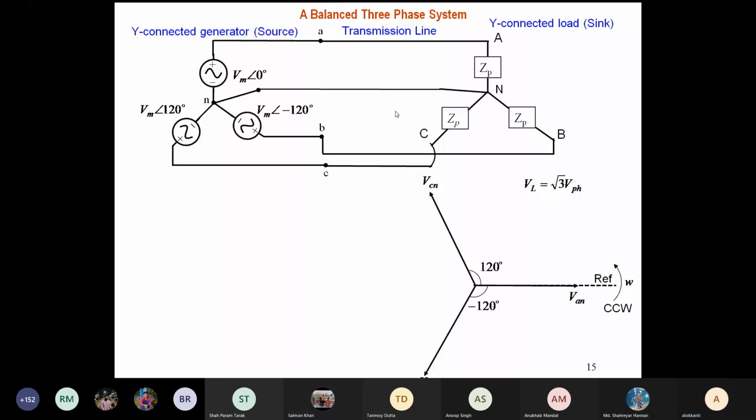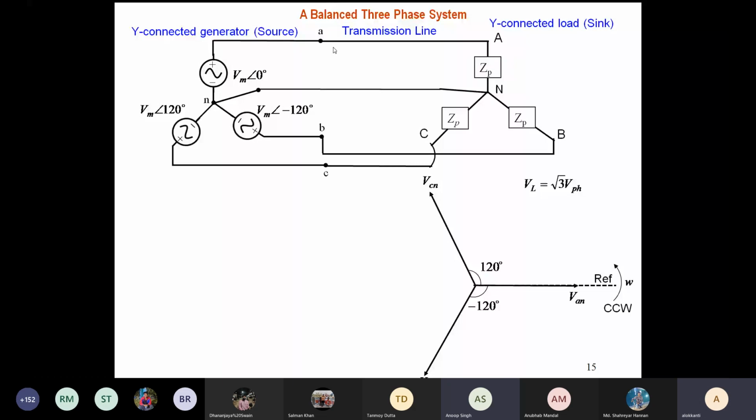Sir, but don't we lose that much amount of current in the ground? If we ground it at the point of consuming, then we lose that much amount of current too. Yes, sir. It is not circulated.